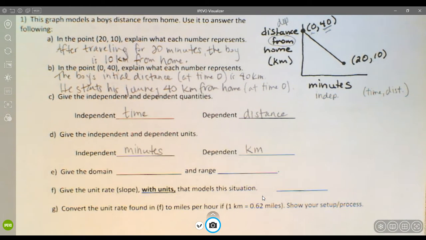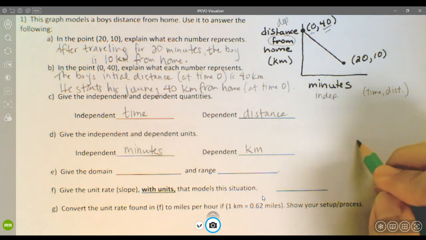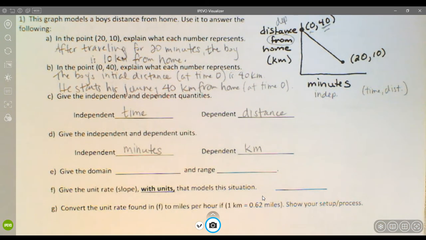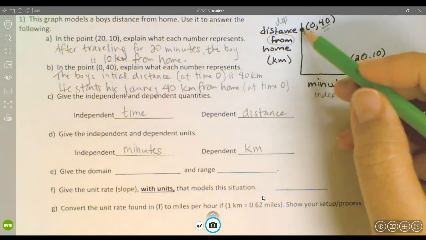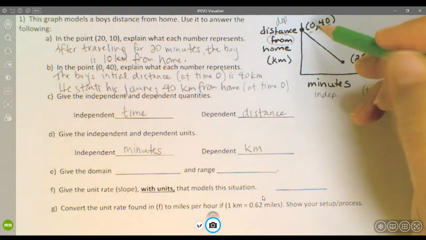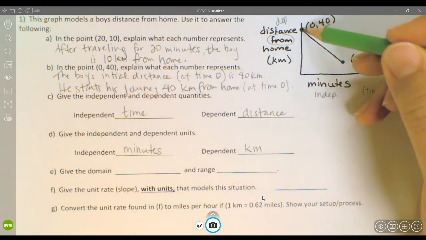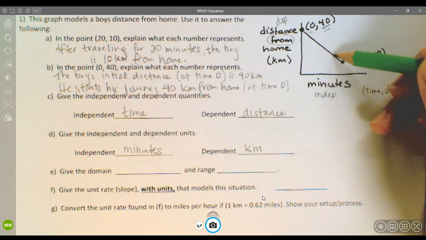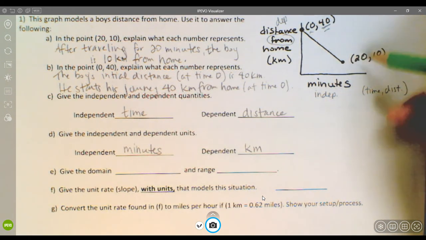Now we're asking for the domain and range. So previously in domain and range, I gave you discrete points. You would have a point here, here, here, here, name the x-coordinate. Now, however, we have a continuous graph. So I want to know where our x's go. Well, we have one x at 0, and we're going to continue along until we get to another x of 20.